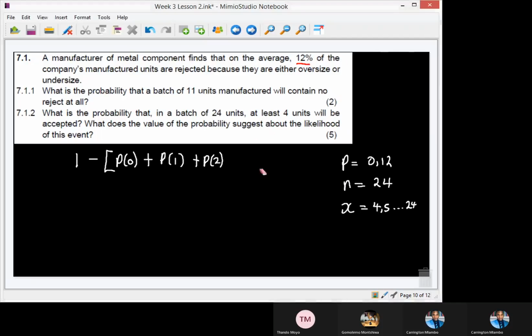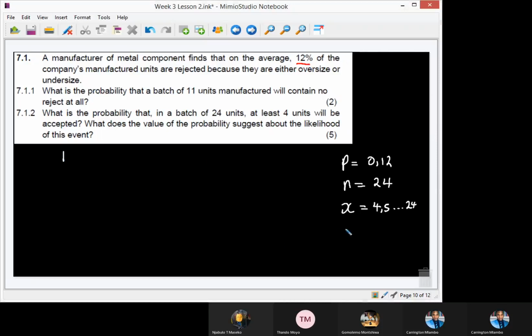So here, the easier way is 1 minus the probability for 0, for 1, for 2, and for 3. We start with the probability for 0, which is equal to 24C0 multiplied by 0.12 to the power 0 multiplied by (1 minus 0.12) to the power 24 minus 0.